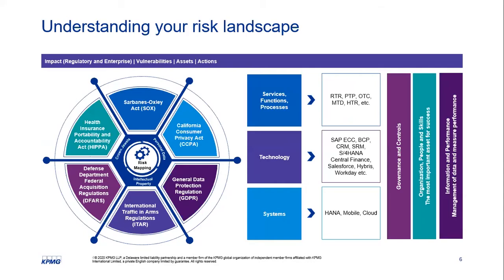So to start building out your approach to security, an organization needs to identify, evaluate, and prioritize those risks facing them from both internal and external sources, whether CCPA for data privacy or SOX for financial reporting. Then once those have been identified from a process, technology, and system perspective, determine where the vulnerabilities which expose each risk lie.